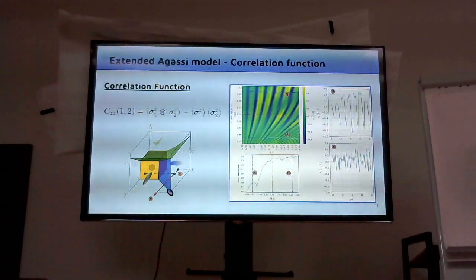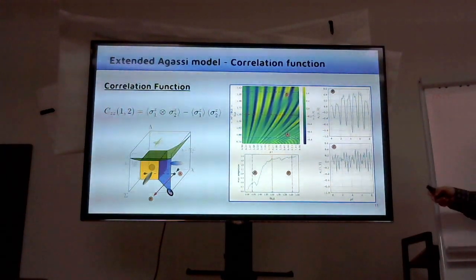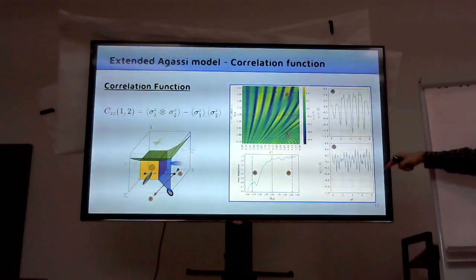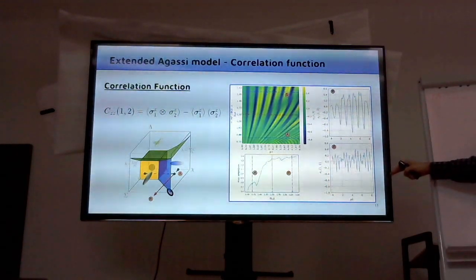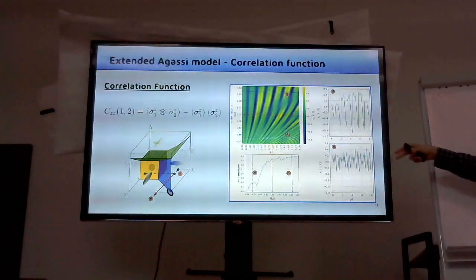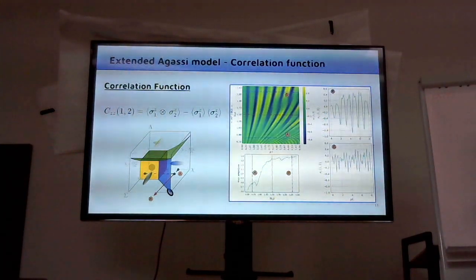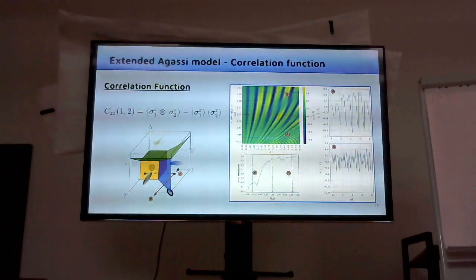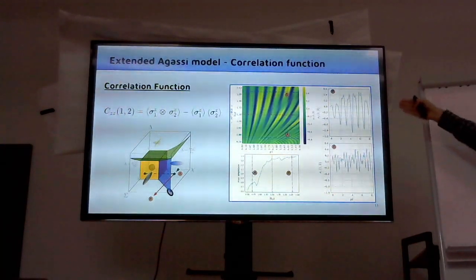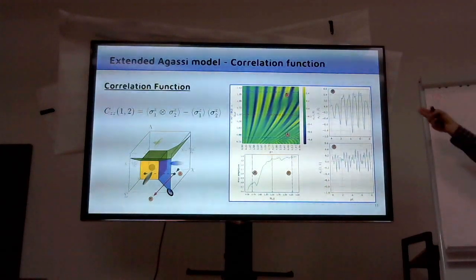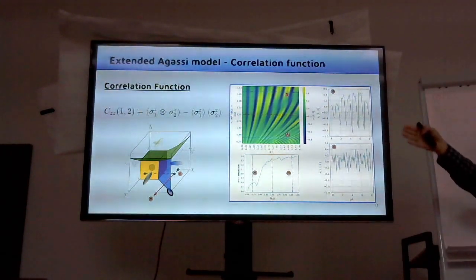This is the correlation function on one side, this is the correlation function on the other side. These are much less clear to just see that. They are different, but you cannot really say, oh yeah, this is definitely one of those 5 phases.